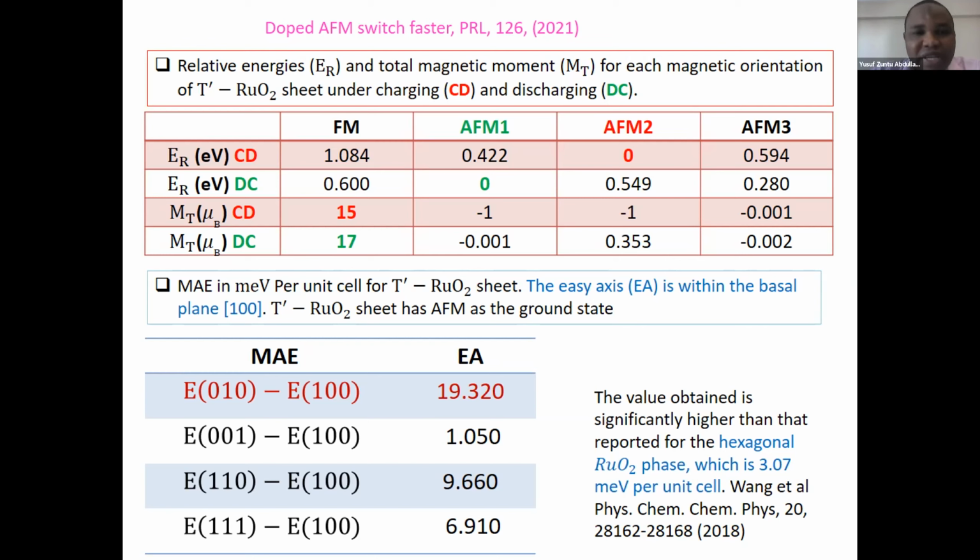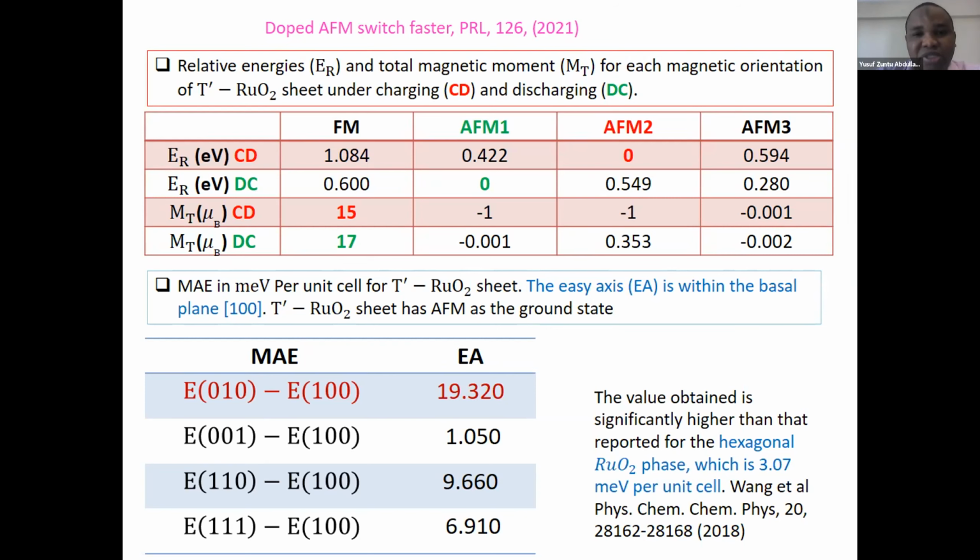Finally, to propose these materials for antiferromagnetic spintronics, it is essential to determine the magnetocrystalline anisotropy, which is usually scaled by the magnetic anisotropy energy, MAE.